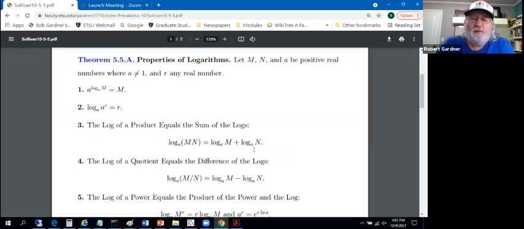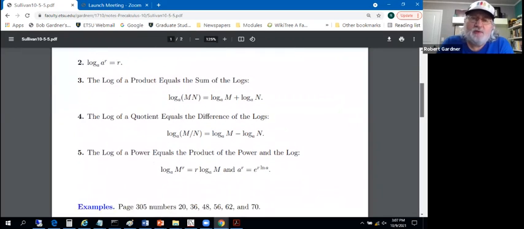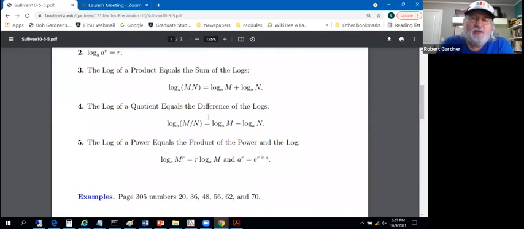So what very informally this says is when multiplying, add exponents. And when you divide, you subtract exponents with a common base. Well, these logarithms are exponents.